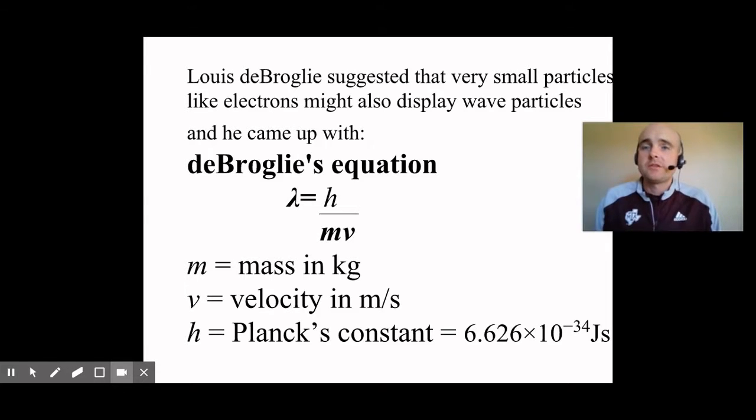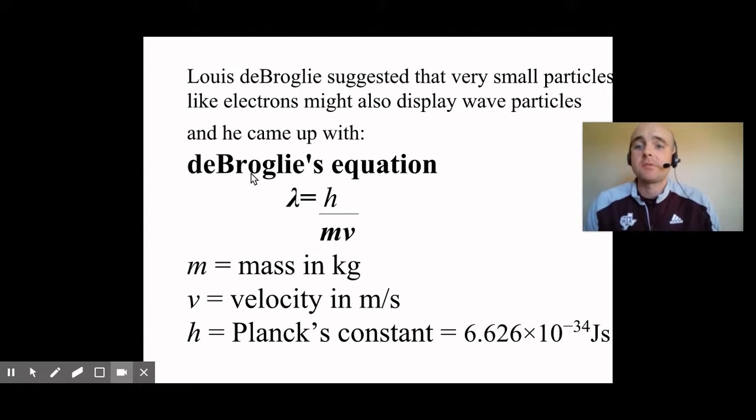So the debate raged on with the light particles in Einstein's day, and then a little bit later, Louis de Broglie came up with this equation, and he found that very small particles, like electrons, might also display wave-like properties.